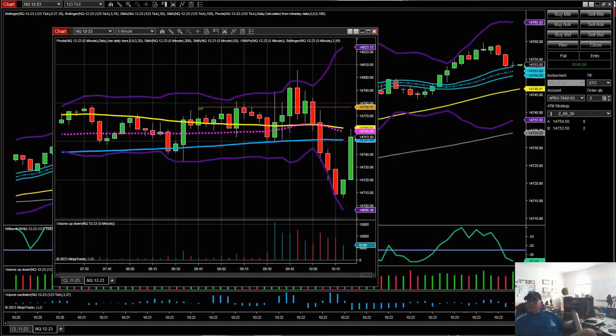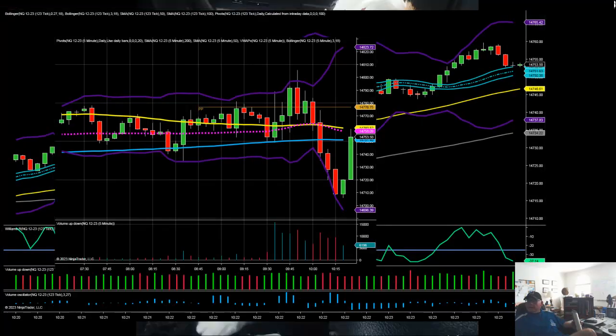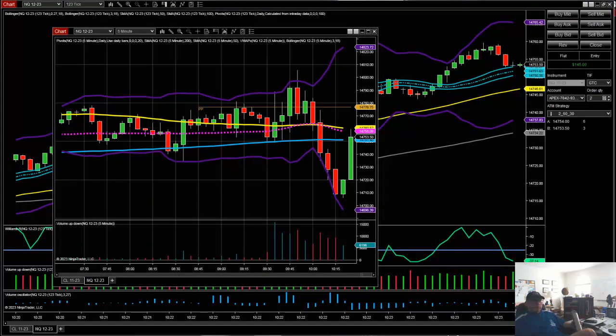V-shaped, as they call it, right? There's a V. V-shape recovery right now. Very brutal. NASDAQ is a brutal market, no doubt about it.